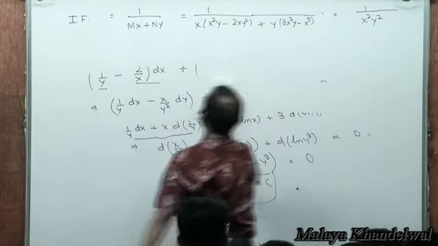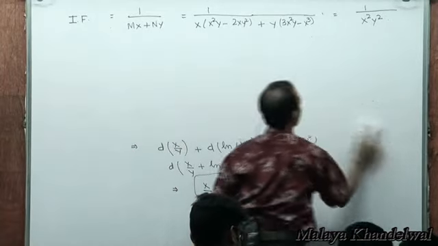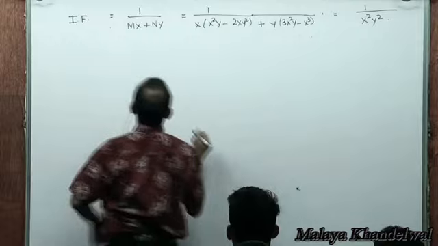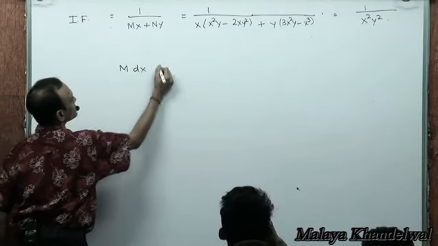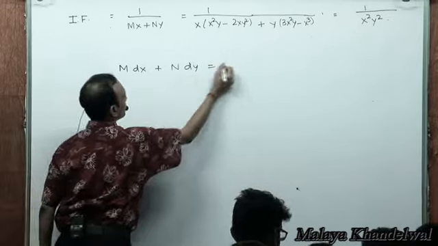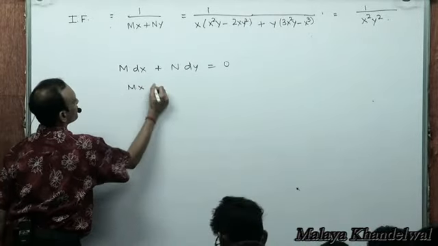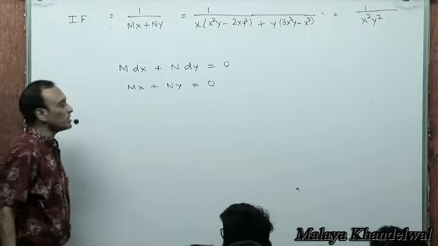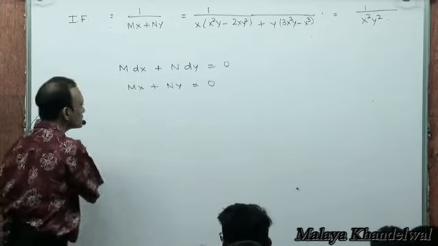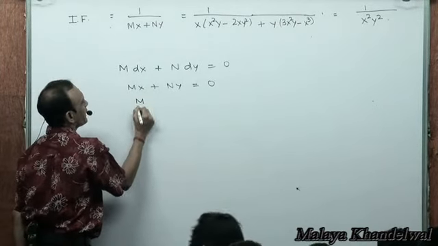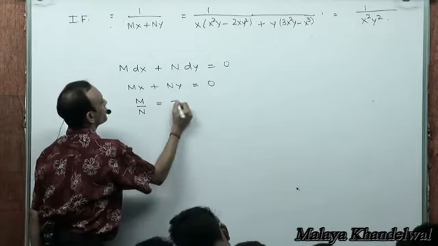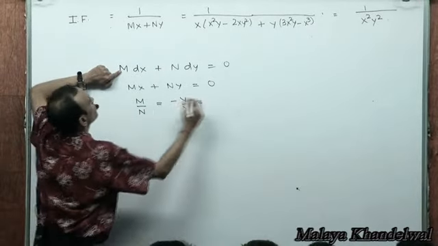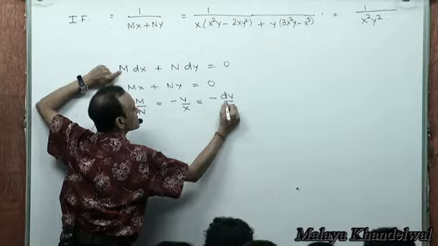So if I have a differential equation mdx plus ndy equal to 0, and if mx plus ny vanishes, now that's really a very easy case, because realize that this would give me m by n equal to minus y by x, and m by n from this is also minus dy by dx. Yes or no?